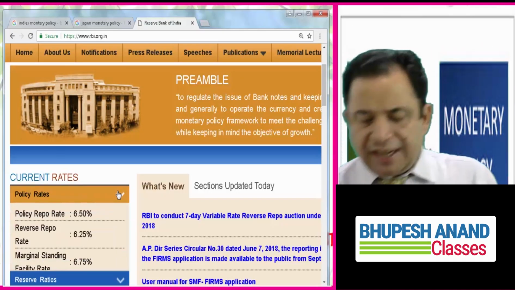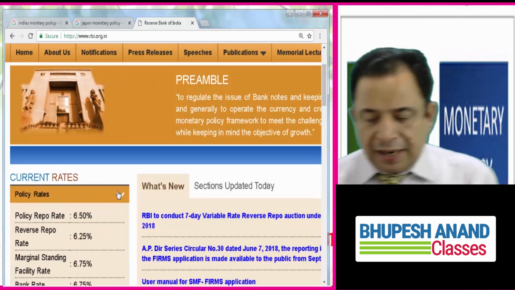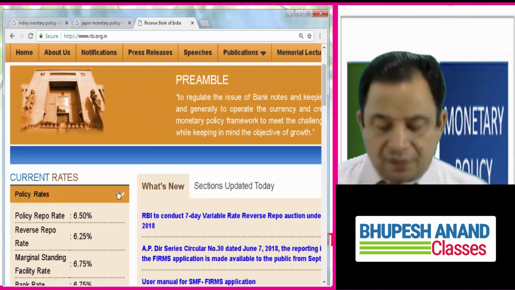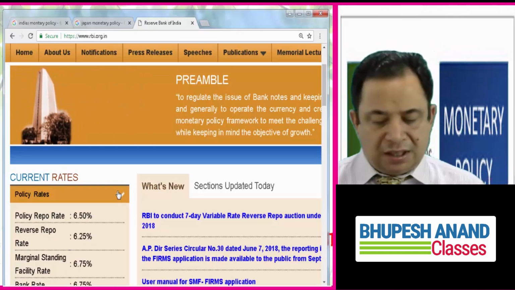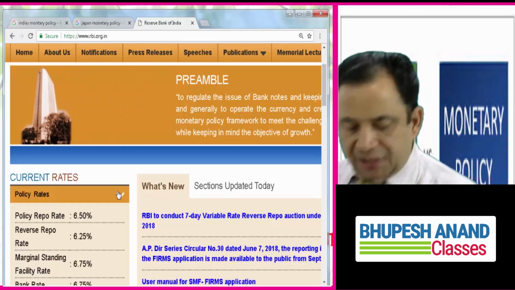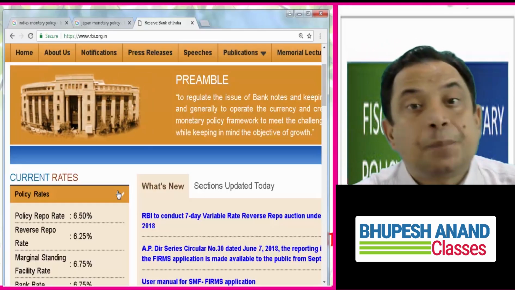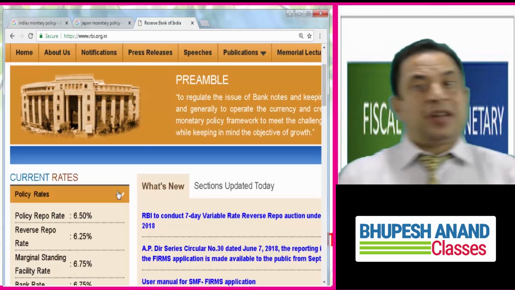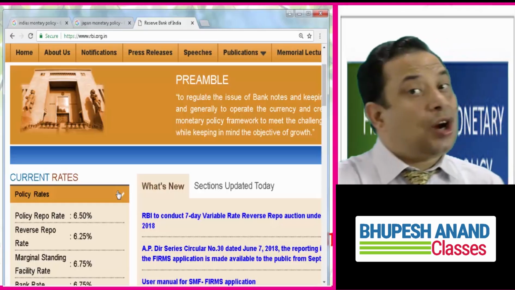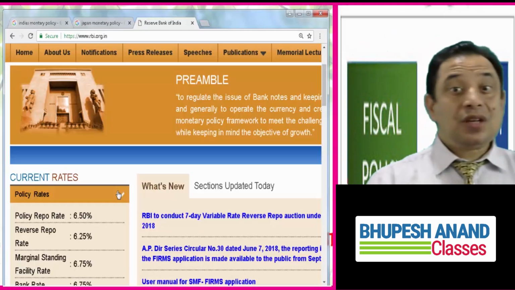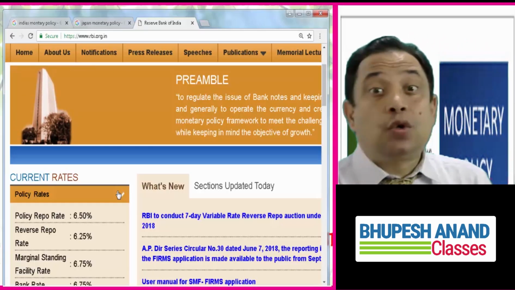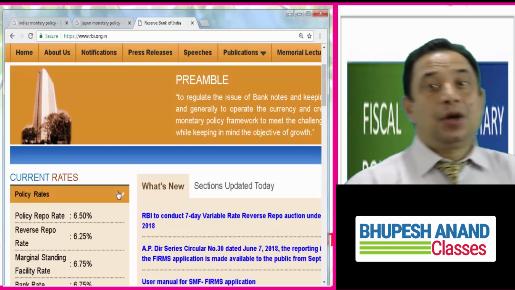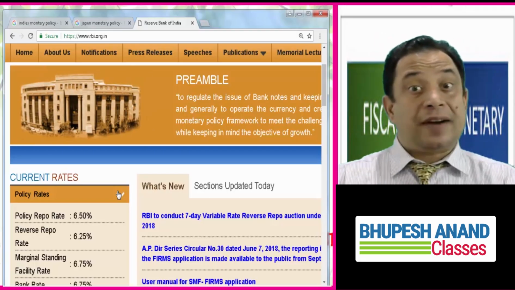When I say policy rates, just see, the policy repo rate is 6.5%, the reverse repo rate is 6.25%, and the marginal standing facility rate is this much. What is the meaning of policy repo rate? It is a tool in the hands of the central bank. Reverse repo rate is also a tool in the hands of the central bank. Before that, I want to tell you the meaning of repo rate.